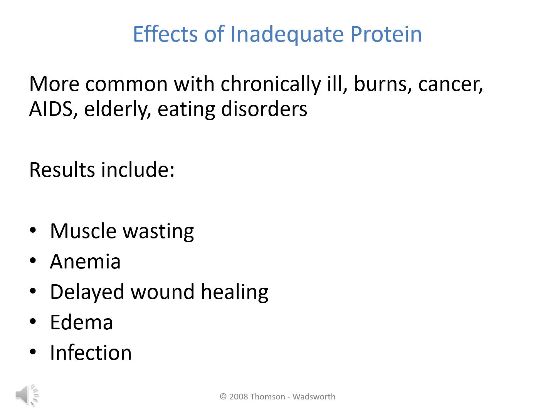Without these body proteins being available to perform critical roles, many functions or activities within the body will slow down or completely stop. Some of the potential consequences of inadequate protein or protein deficiency may include muscle wasting, anemia, delayed wound healing, edema, as well as infection.